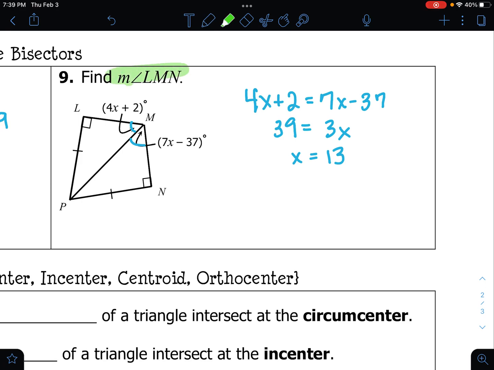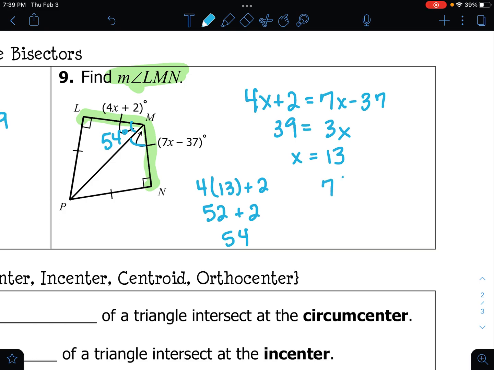So LMN is the whole thing. So we're going to plug it in for both and then add them together. So that's 12. I'll do it like this. 52 plus 2 is 54. All right, so that's this side, 54 degrees.